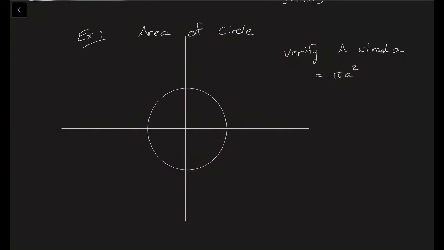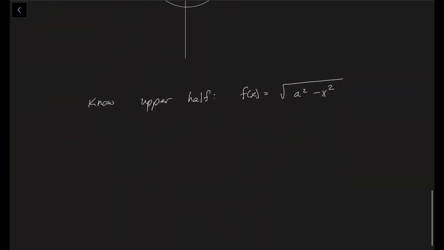So we know that the upper half is given by the equation f of x equals the square root of a squared minus x squared. Now on the interval from 0 to a, we have a quarter of the circle.